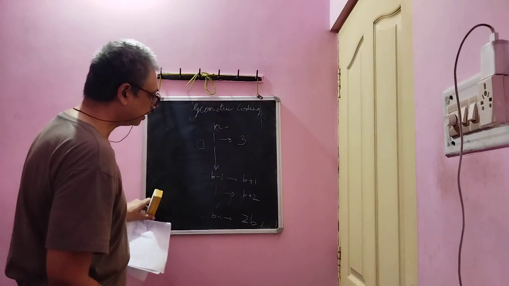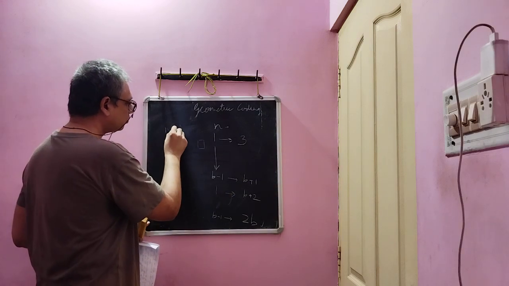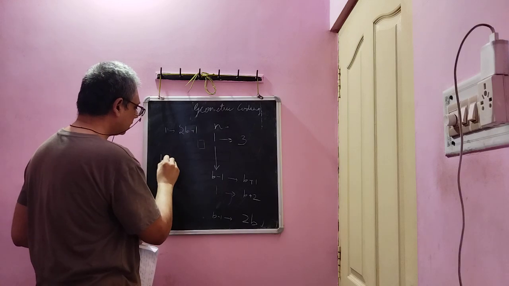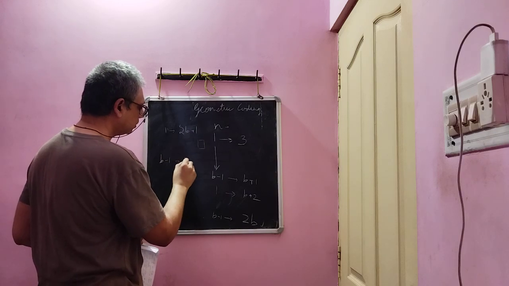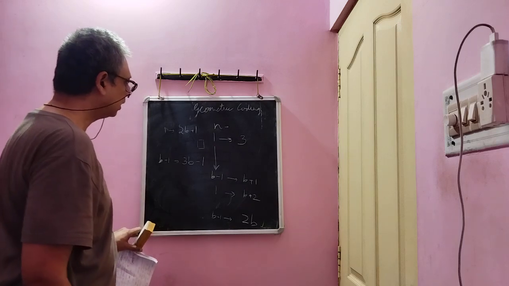2B. Again, for the leading third digit, the value of 1 will be associated with 2B plus 1, and the value of B minus 1 will be associated with 3B minus 1, like that.